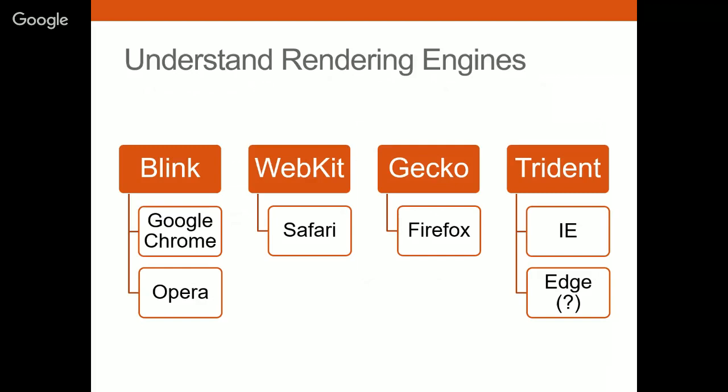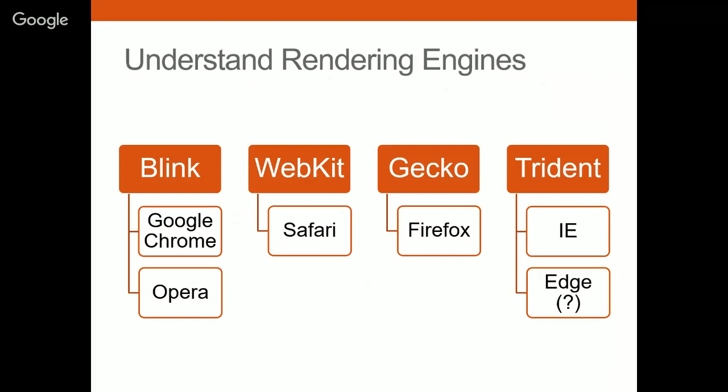So if you're running Firefox on Windows, it is running the same rendering engine as it would on OS X or on Linux. And lastly, we have the rendering engine Trident, which is used in Internet Explorer and in a more modern version in the new Edge browser by Microsoft.